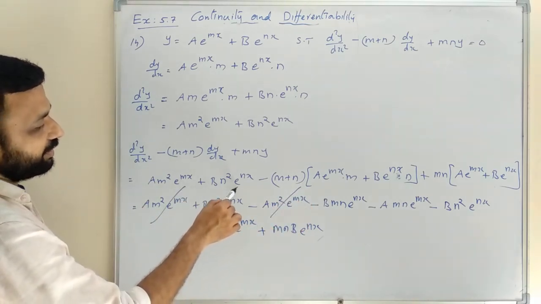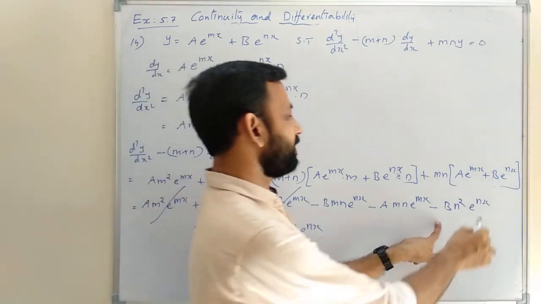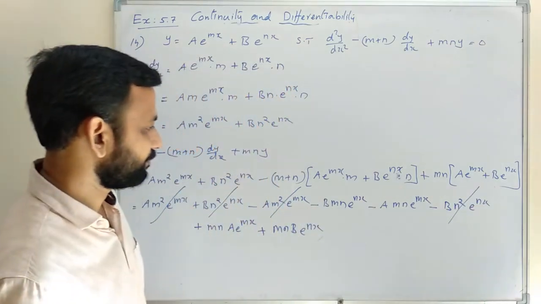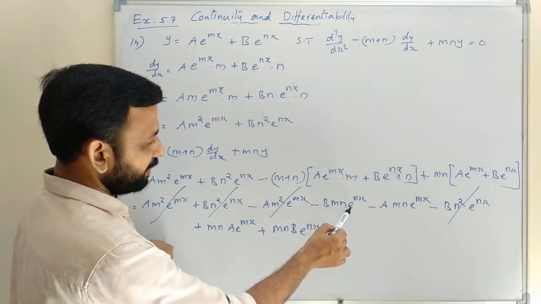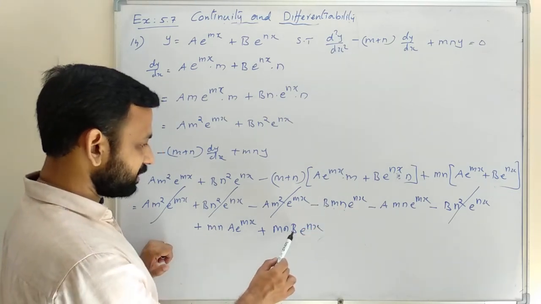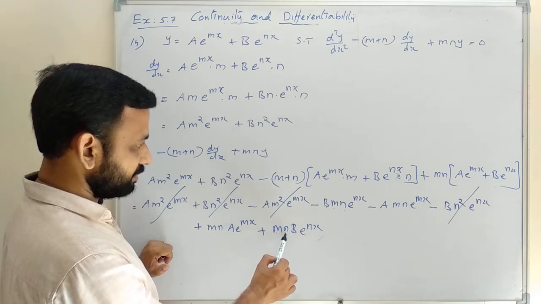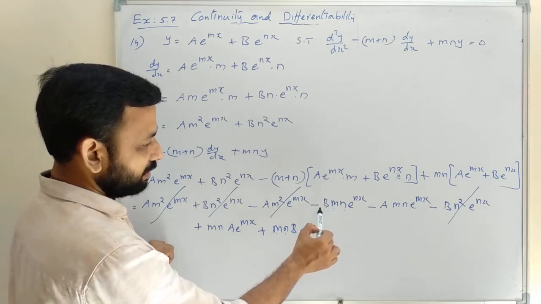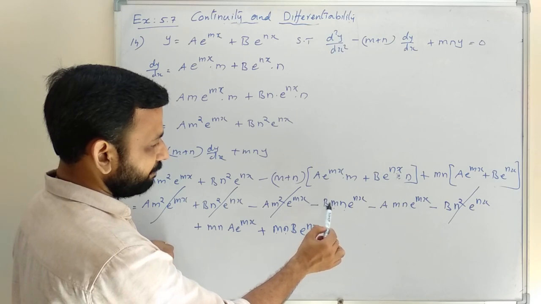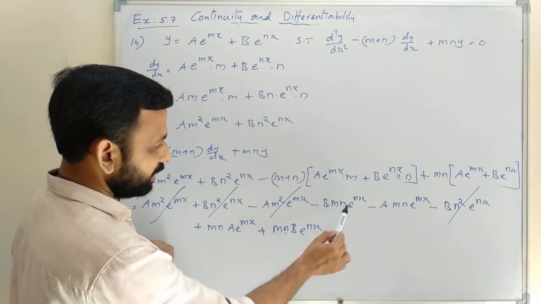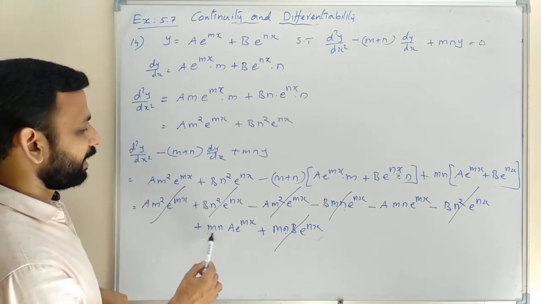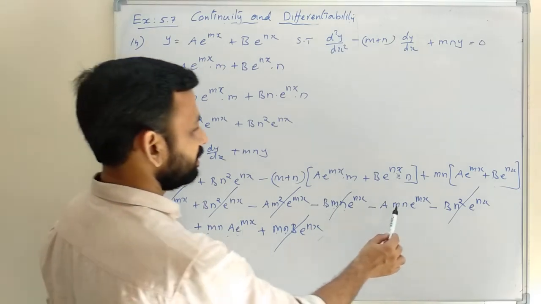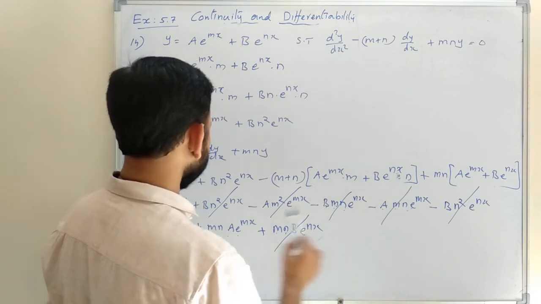Then b n square e raised to nx minus b n square e raised to nx. Then minus b m n e raised to nx plus b m n e raised to nx, positive, negative cancel. And here m n a e raised to mx, m n a e raised to mx, negative, positive cancel.